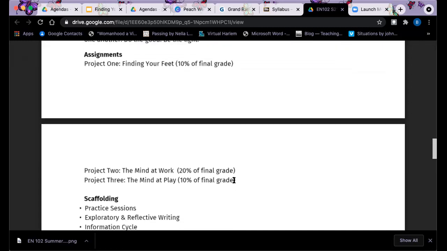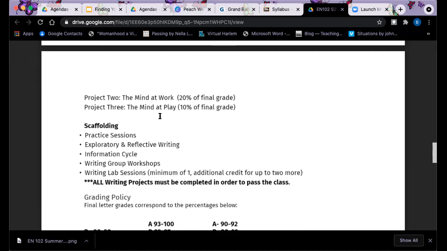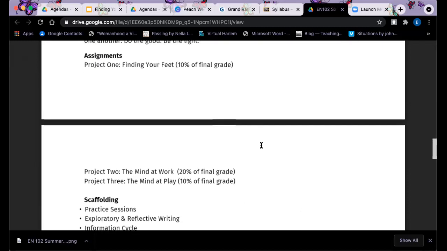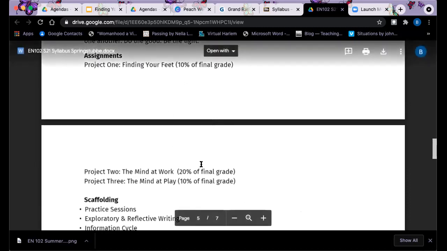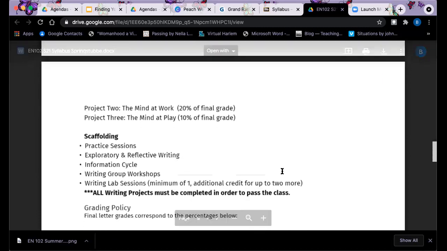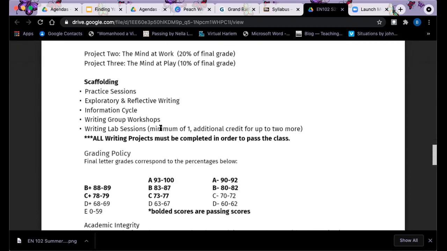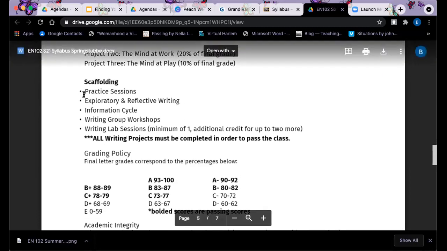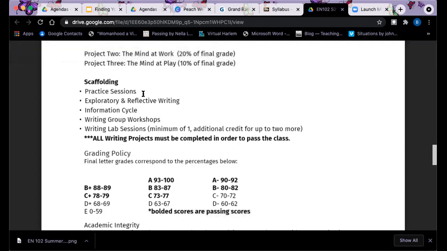And then Project 3, I call the Mind at Play, which is a remix project, and that will be 10% of your final grade. So 40% of your grade comes from these 3 projects. The other 60% comes from the practice sessions, which are writing exercises from Habits of the Creative Mind.